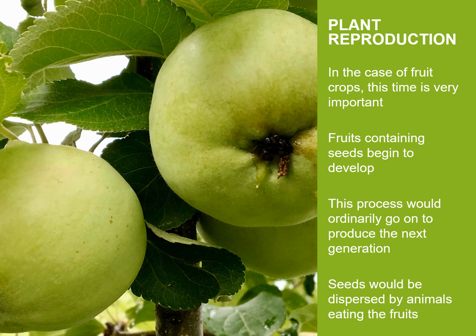And this process without human involvement would obviously lead to the production of seeds and plants for the next generation. The fruits would fall from the trees, could potentially be eaten by birds and animals, and the seeds transported with them and dispersed. But obviously for horticultural production, we harvest the fruits for consumption.